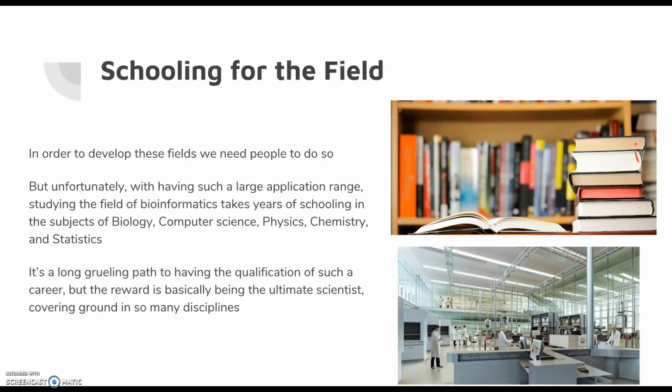But it's the combination of all of them, especially computer science and statistics, being able to deal with data, yet having the knowledge of all different science disciplines. So it's really a long and grueling path to get to a point where you can work with different research groups and really help them out.